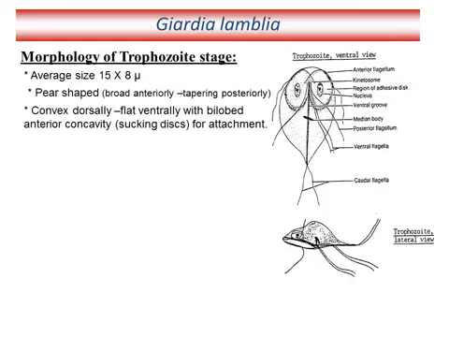Convex dorsally, flat ventrally, with a bilobed anterior concave sucking disc for attachment. This is the sucking disc for attachment, and these are the two nuclei.